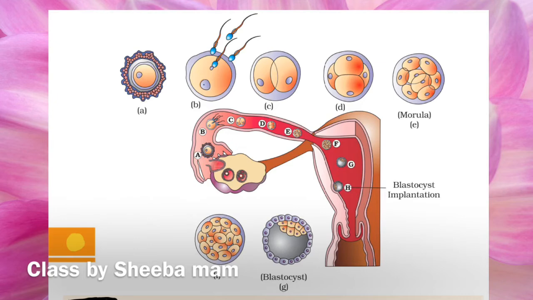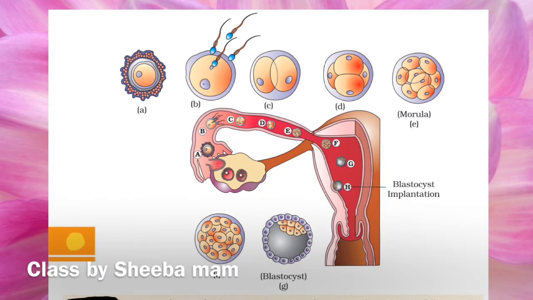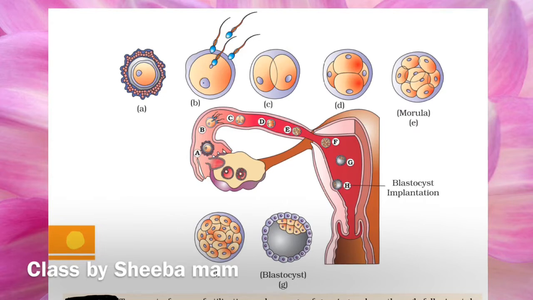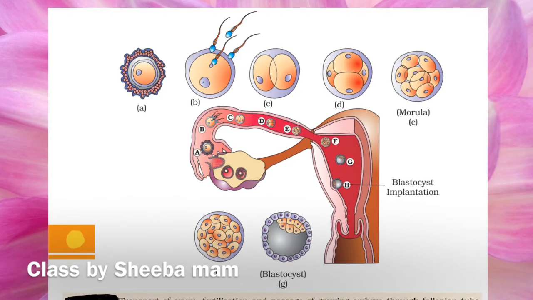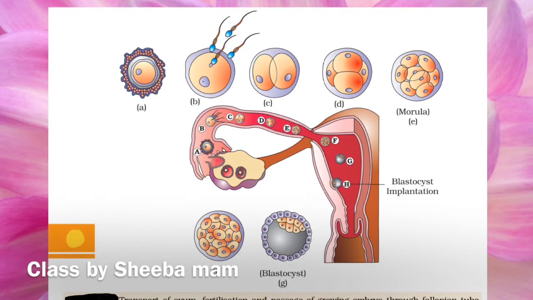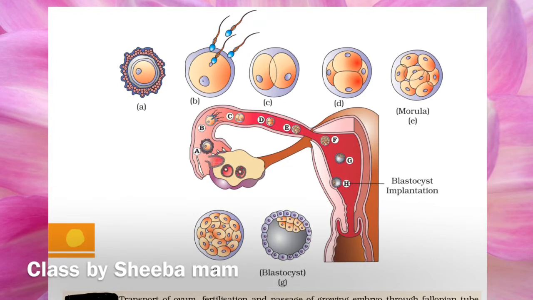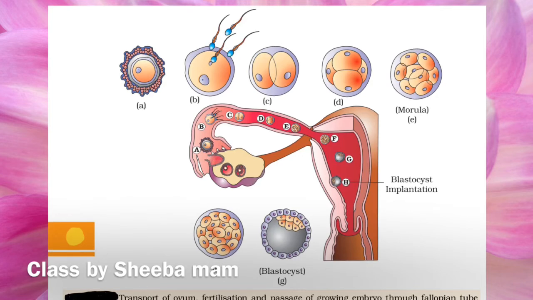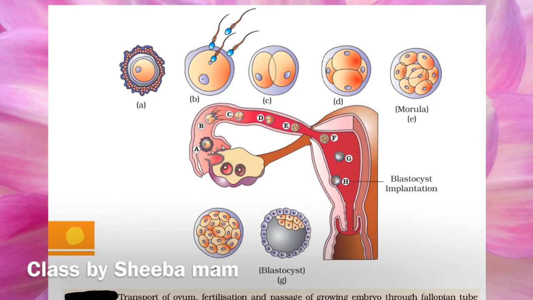Third cleavage divides all the 4 blastomeres into an 8-cell stage. The embryo with 8 to 16 blastomeres is called a morula. The morula continues to divide and transforms into blastocyst as it moves further into the uterus.